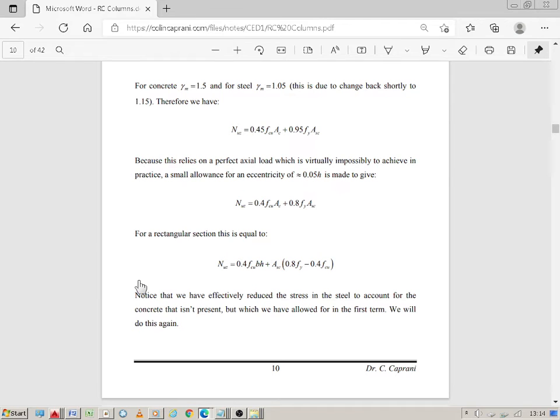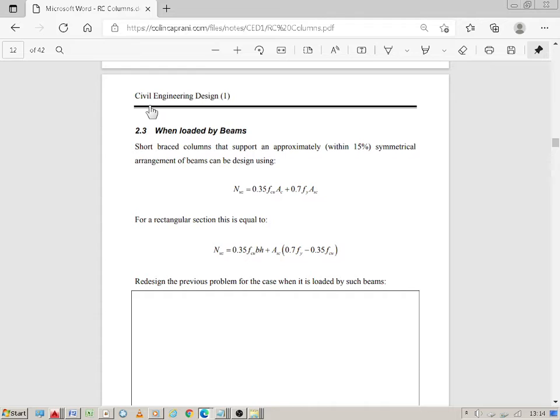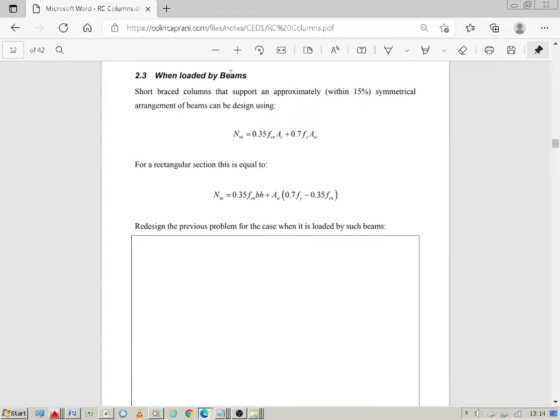Oh yeah, so then it says, when loaded, 2.3, this should be 2.3, when loaded by beams, short braced columns that support an approximately symmetrical arrangement of beams, within 15%, can be designed using NUZ equals 0.35 FCU AC plus 0.7 FY ASC.